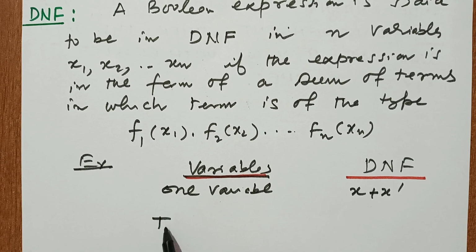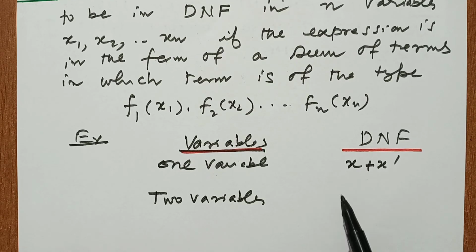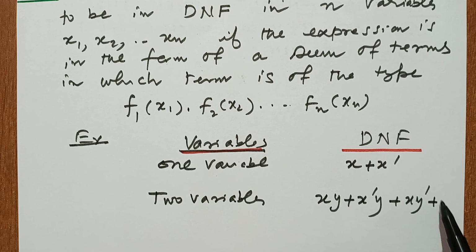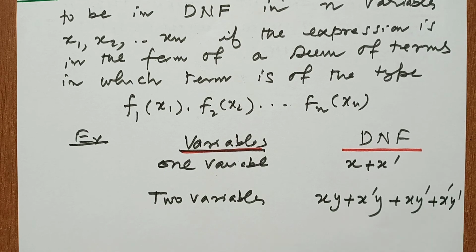For two variables, disjunctive normal form x y plus x dash y plus x y dash plus x dash y dash.